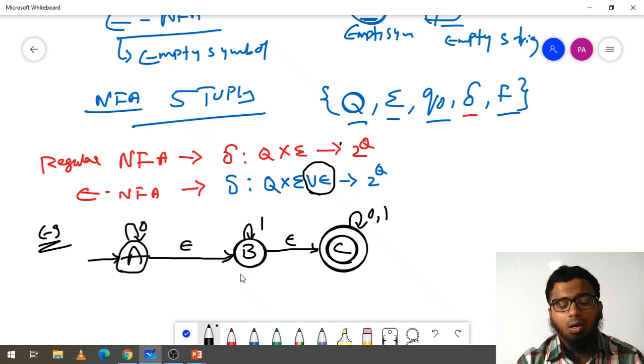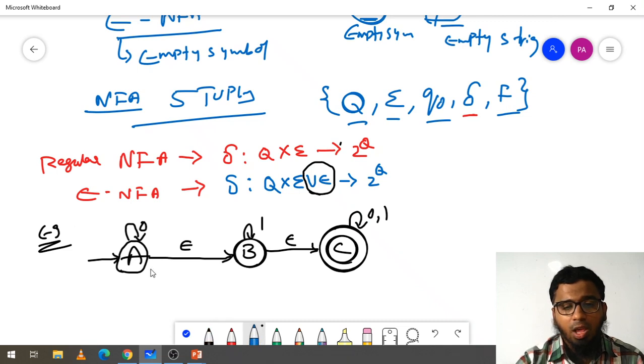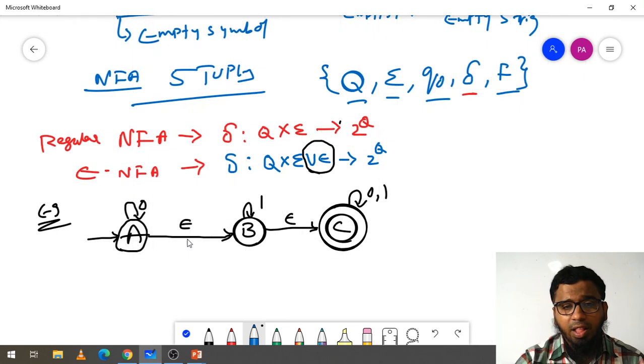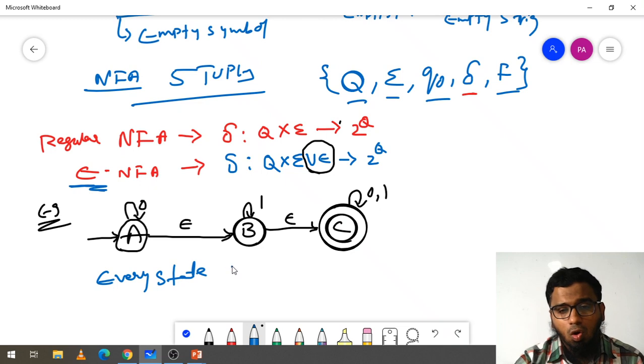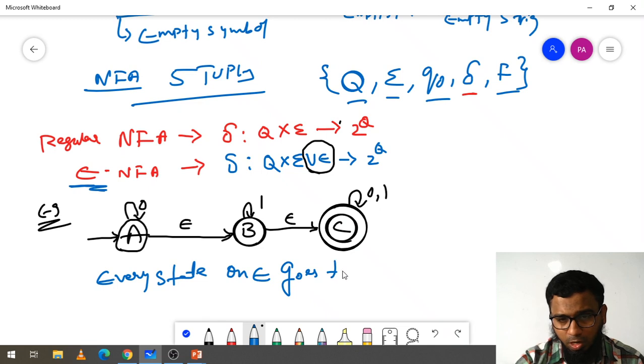for epsilon NFA. How will you differentiate between NFA and epsilon NFA? This is the difference. From A epsilon is going to the next state, from B epsilon is going to the next state. In the same way, in the epsilon NFA, by default every state on epsilon goes to itself.